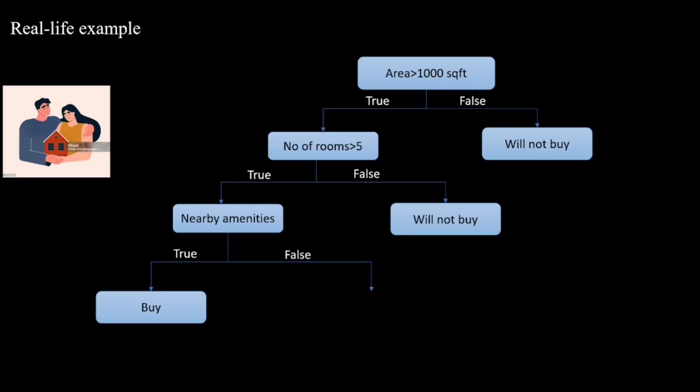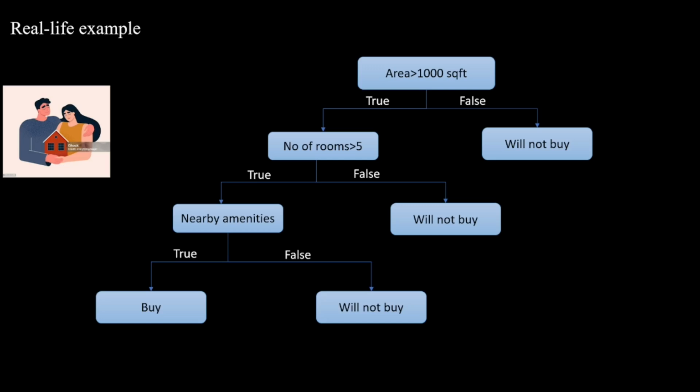If any of these conditions are not met, the house won't be bought. However, the individual may consider purchasing the house if it is above 1000 square feet or has more than 5 rooms with amenities nearby, but it is not always as simple as it seems to be in this example.